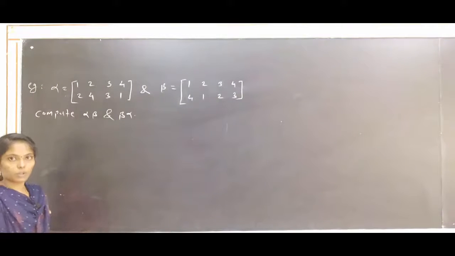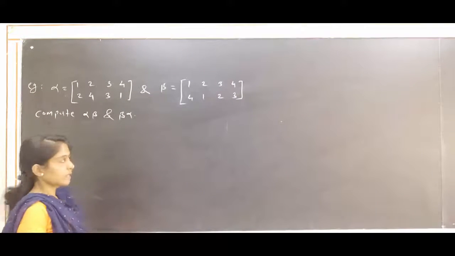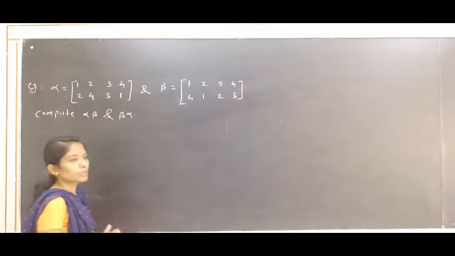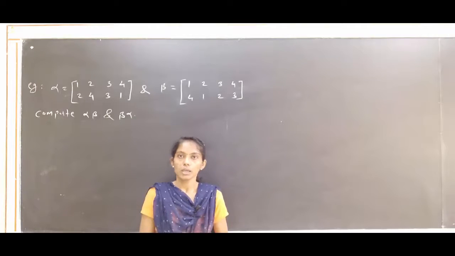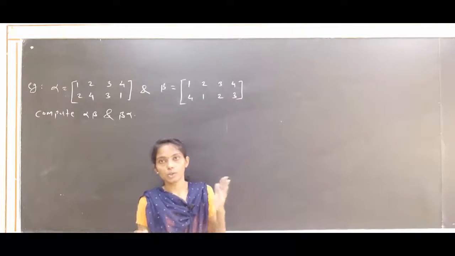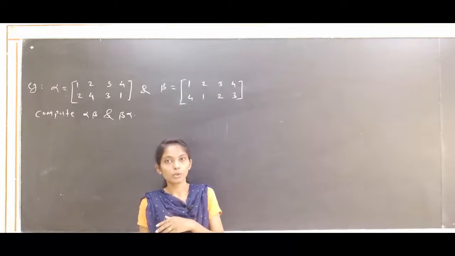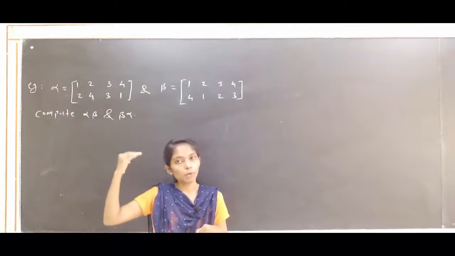Now we see the definition of composition of permutation. Now we see the example. So composition of permutation is carried out from right to left and by going from top to bottom and then again from top to bottom.